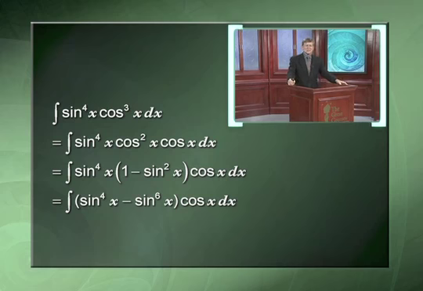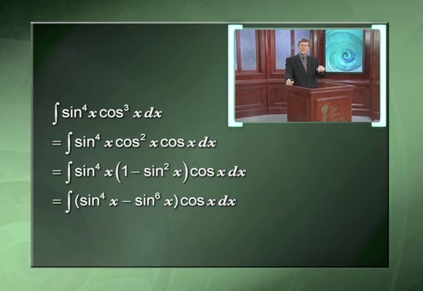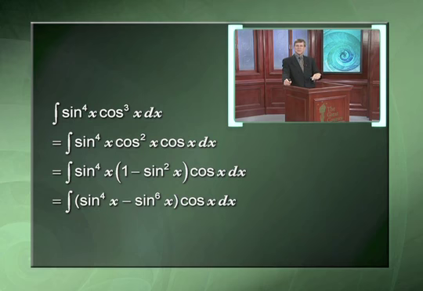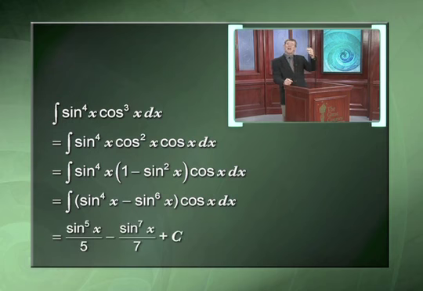Now, is that difficult? Well, let u be sine x. Its derivative is cosine, and it's right there. And the same with sine to the 6th. So I think you see that the final answer is sine to the 5th x over 5 minus sine to the 7th x over 7 plus a constant.